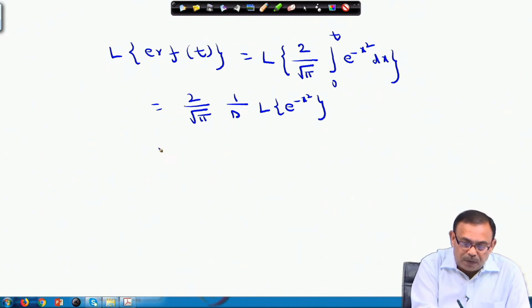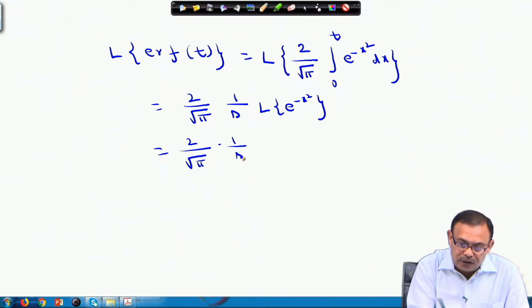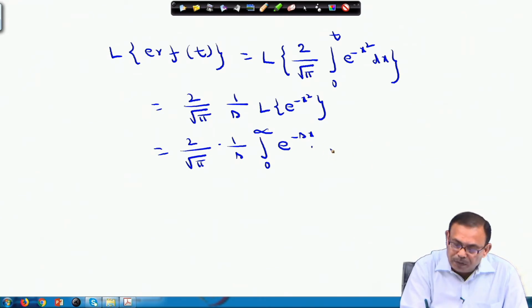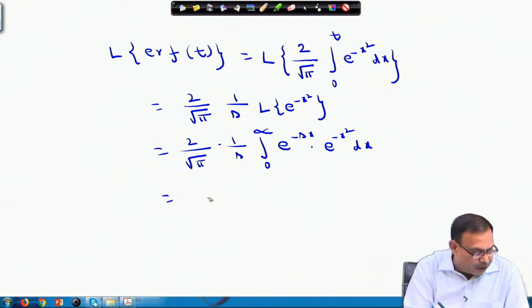And Laplace transform of e power minus x square, I can write as 1 by s into integral 0 to infinity e power minus s x into e power minus x square dx. This again is using the basic definition of Laplace transform.